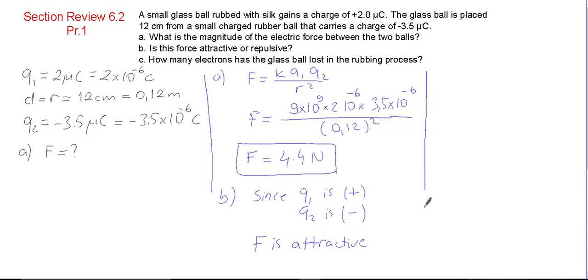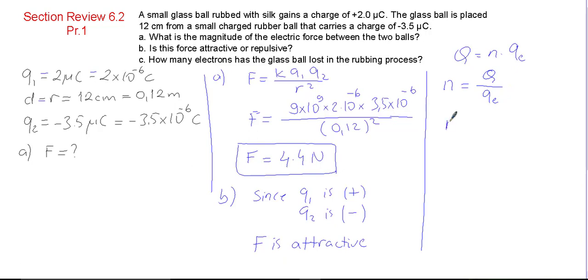And C, it says how many electrons has the glass ball lost in the rubbing process. As we learned before, Q is equal to N multiplied by the charge of an electron. Here N is the number of electrons, so N is equal to total charge divided by the charge of an electron.